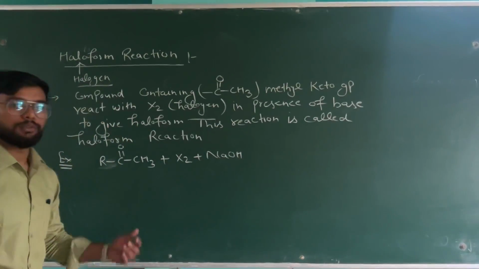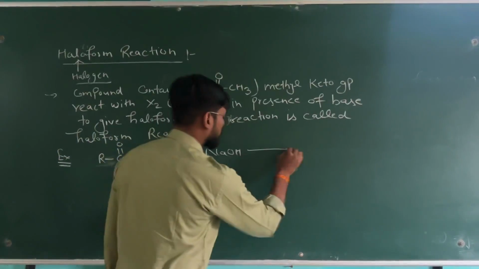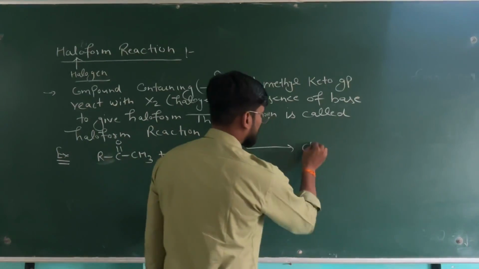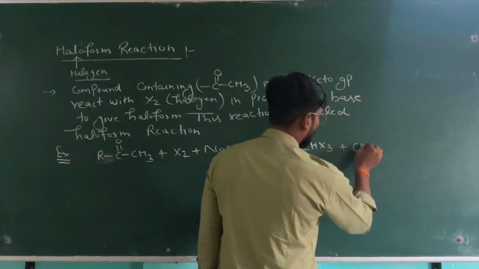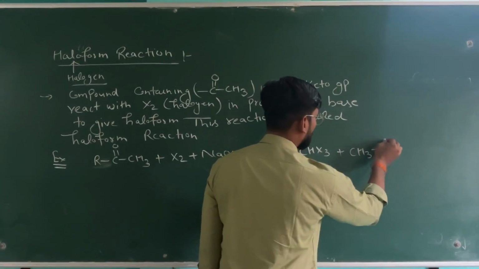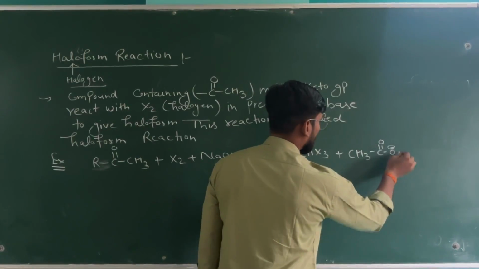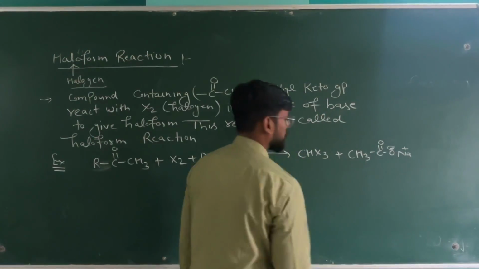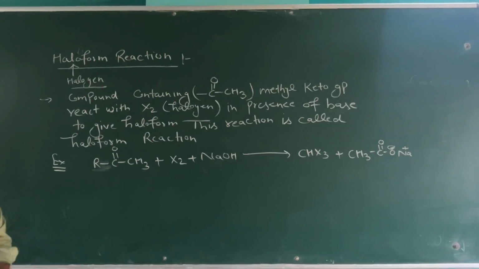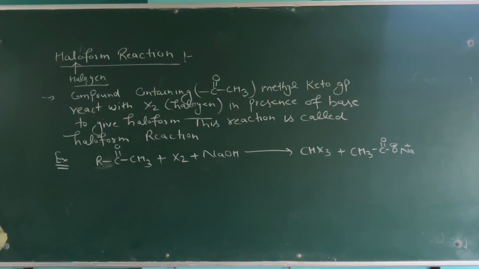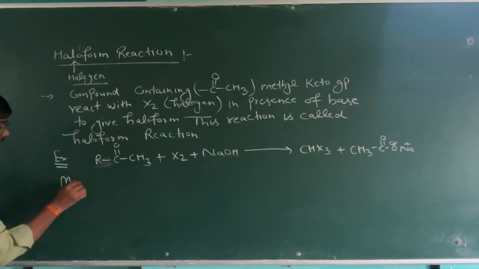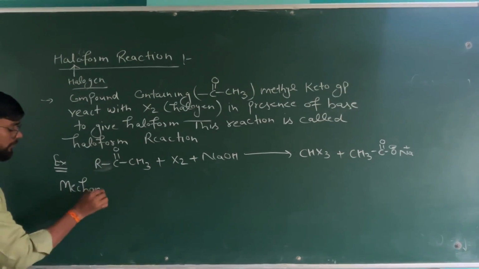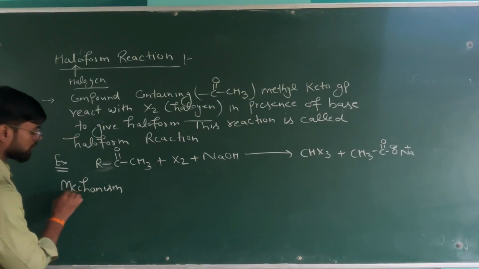We are using sodium hydroxide as the base, to give the product CHX3 plus the sodium salt of the acid, RCOO minus Na plus. So what will be the mechanism for this reaction? Let's check the mechanism.